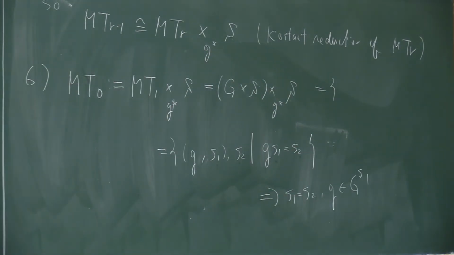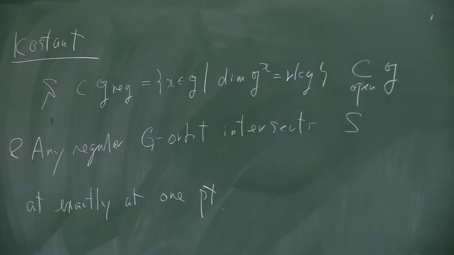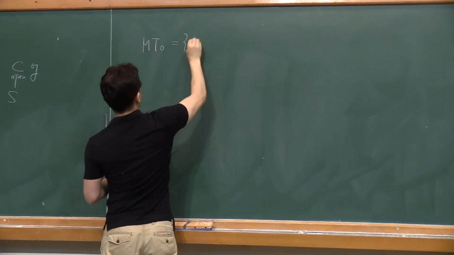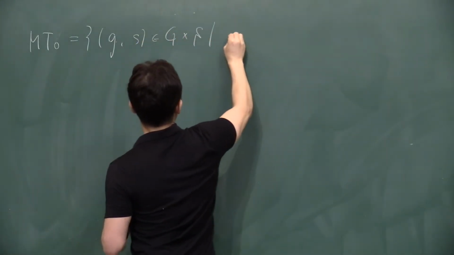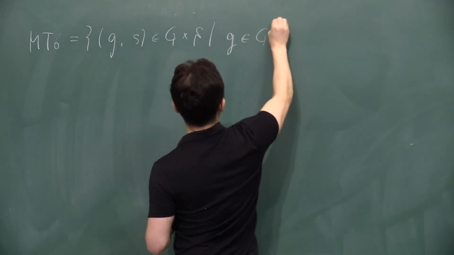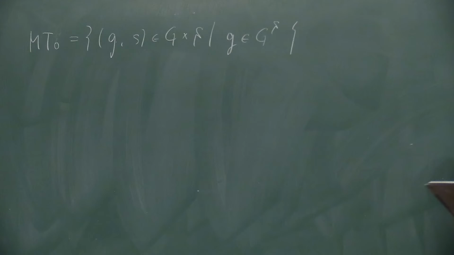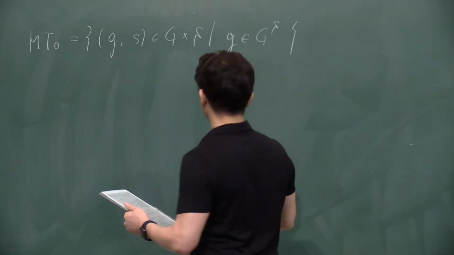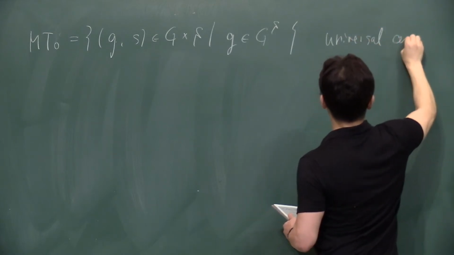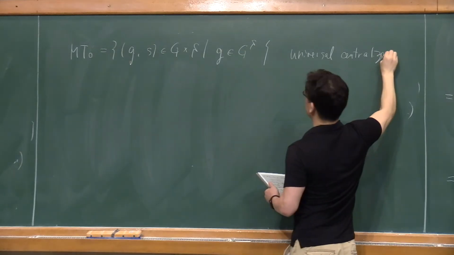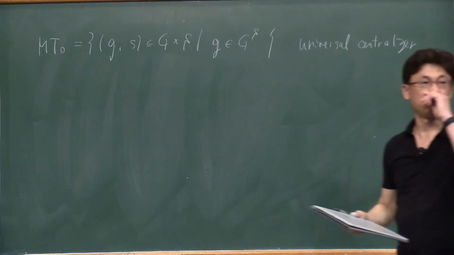So MT_0 is a set of elements (g, s) in G cross S, where g is in the centralizer of s. So this is what it is. And this is called the universal centralizer. It appears in representation theory quite often.